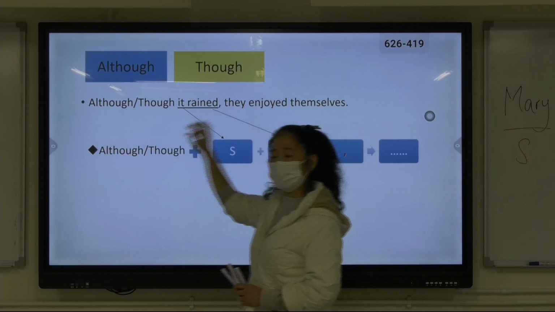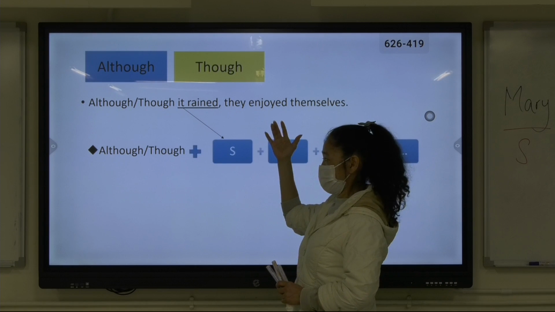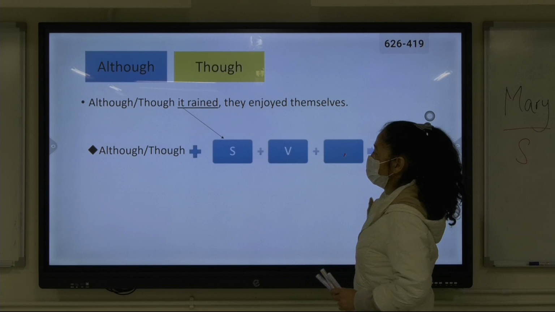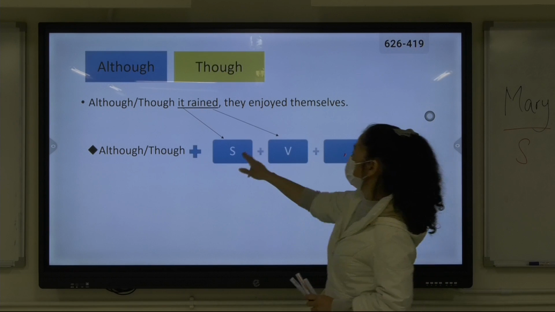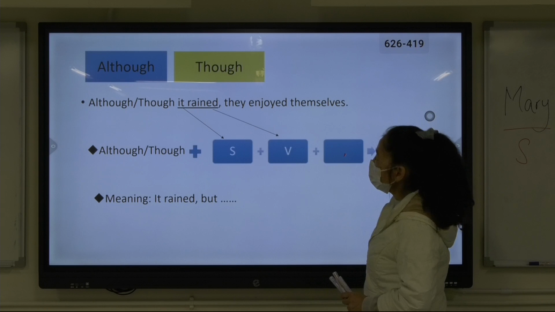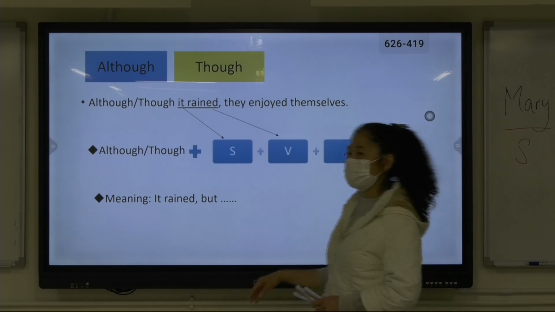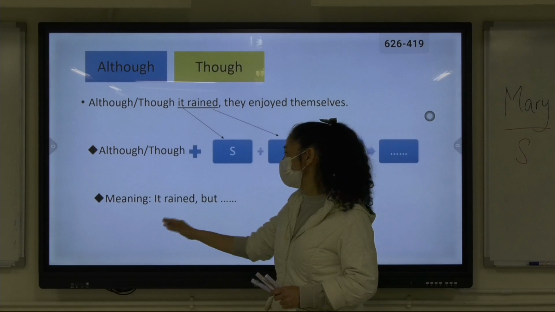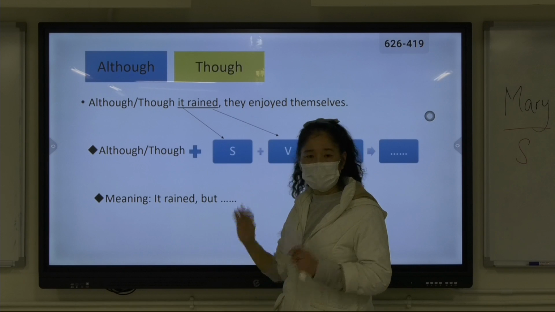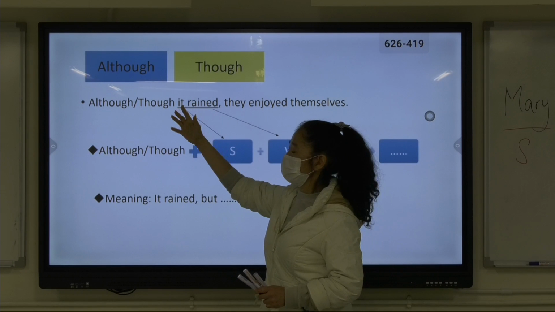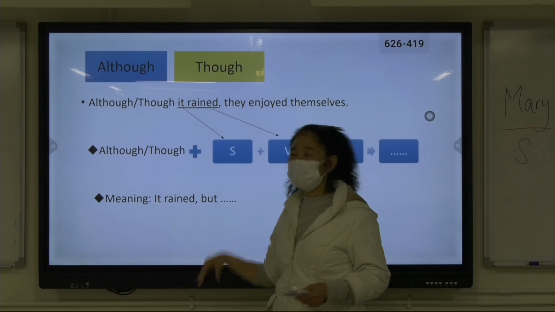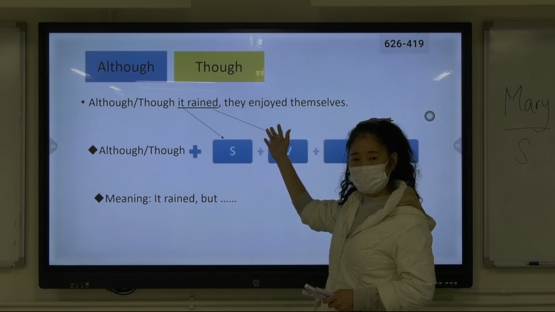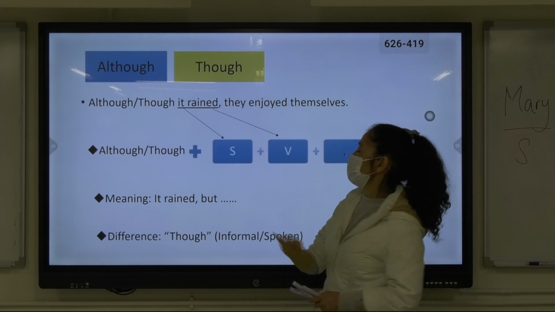One idea, another contrast idea, okay? Subject and verb. Now, as for the meaning, you all know the meaning. Means but, contrast. Rain, doesn't matter, they don't care, they still enjoy themselves. Okay, it is contrast. Alright.